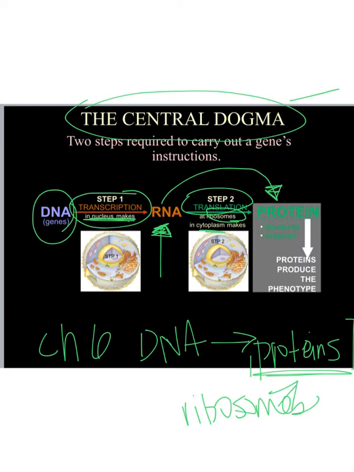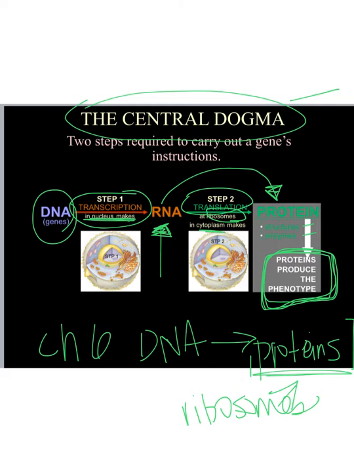So remember, proteins can be structural, they can be enzymes, and proteins are what produce the phenotypes that we've been talking about in chapters 14 and 15. So this one slide ties together a whole lot of the chapters that we have talked about up until this point.